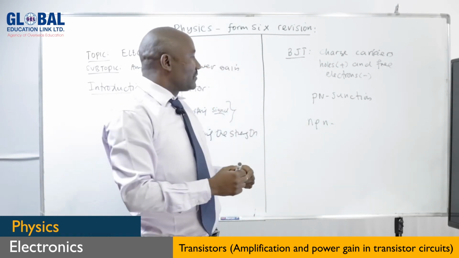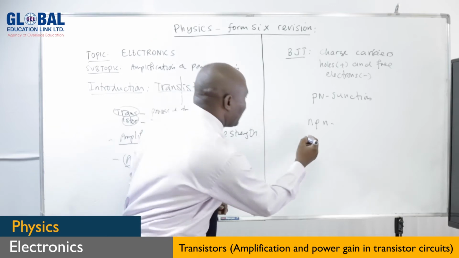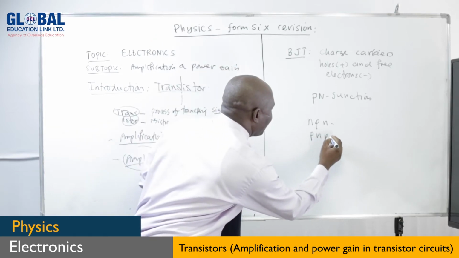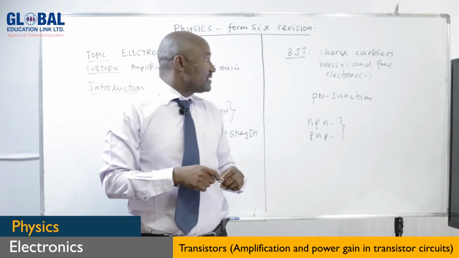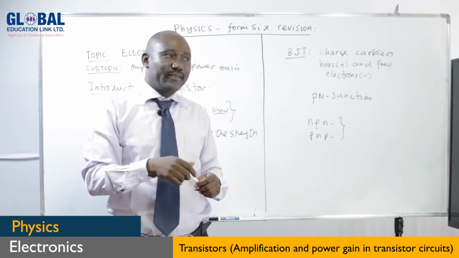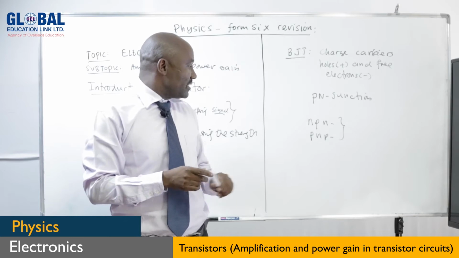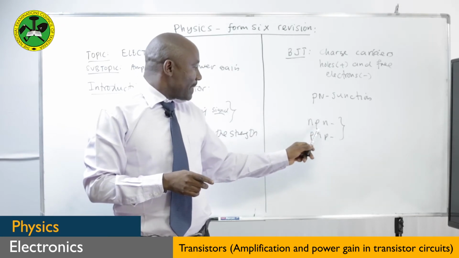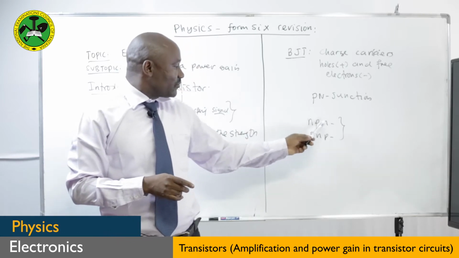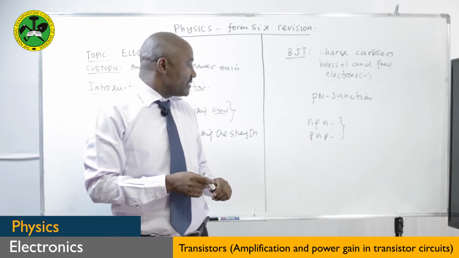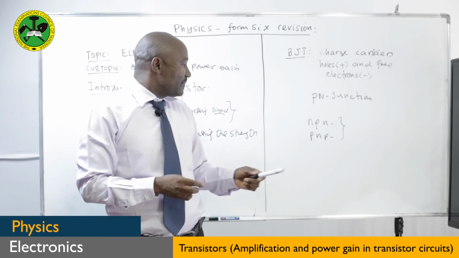If you dope with P on the other side, you can have PNP. So these are two types of bipolar transistor, depending on how you dope the types of materials with the PN junctions. So this is the PNP, and this is the NPN. You can see the two types of bipolar junction transistors.